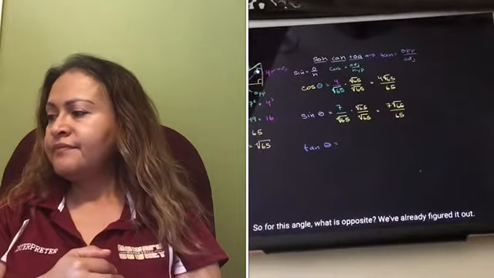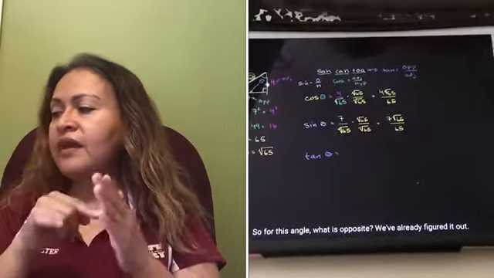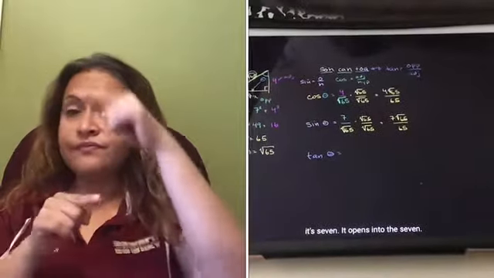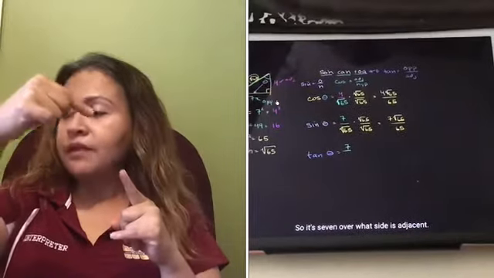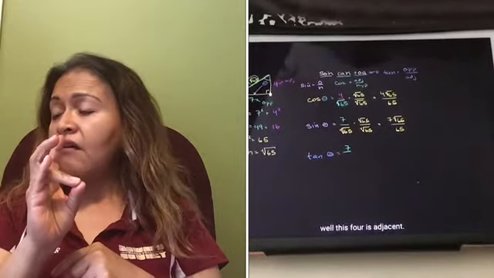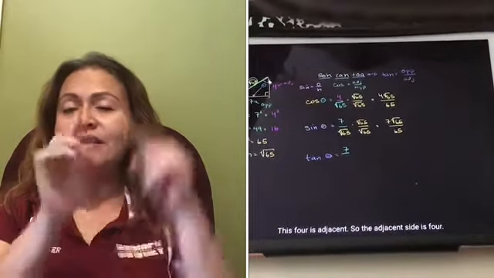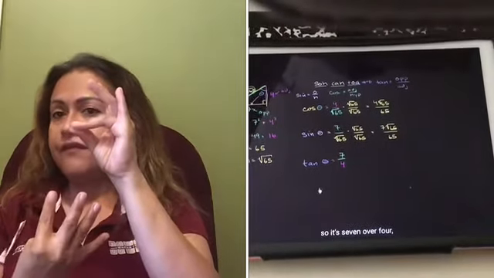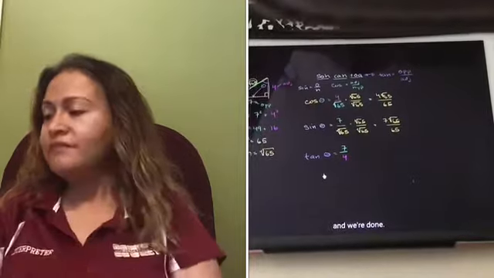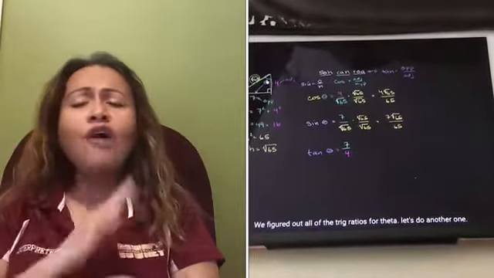So for this angle, what is opposite? We've already figured it out. It's 7. It's opposite the 7. So it's 7 over, what side is adjacent? Well, this 4 is adjacent. So the adjacent side is 4. So it's 7 over 4. And we're done. We figured out all of the trig ratios for theta.